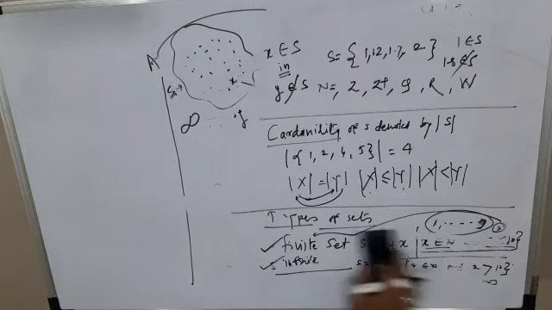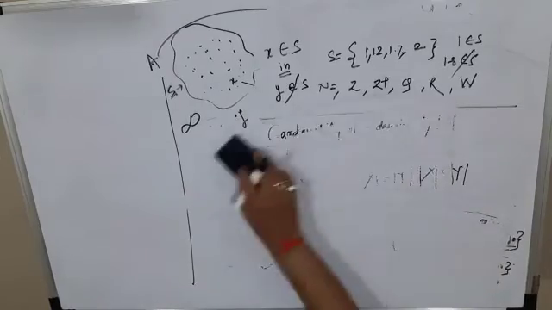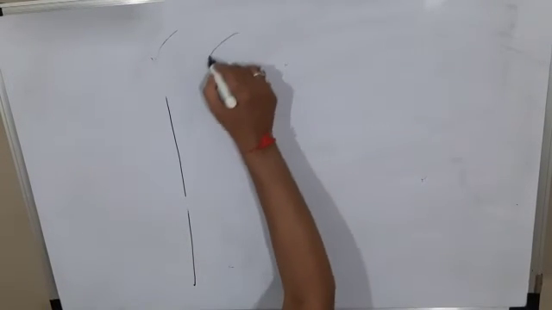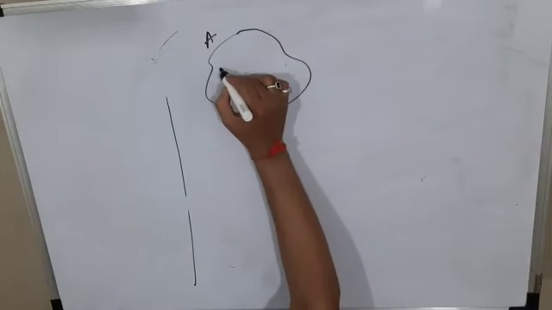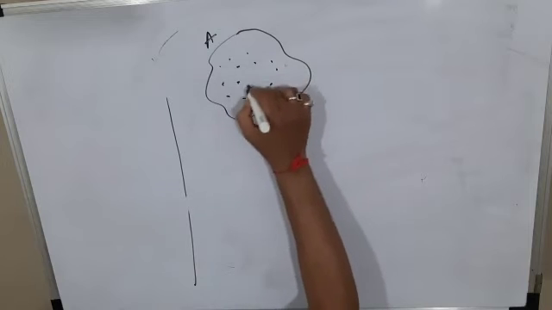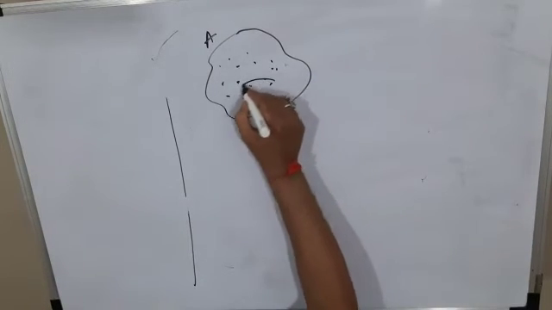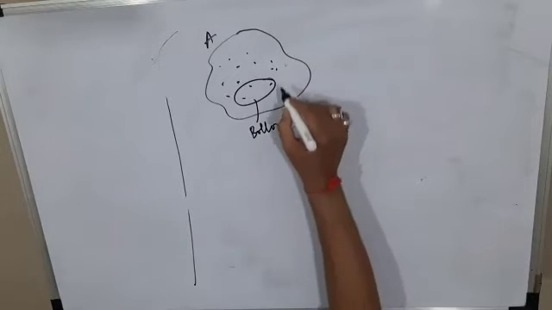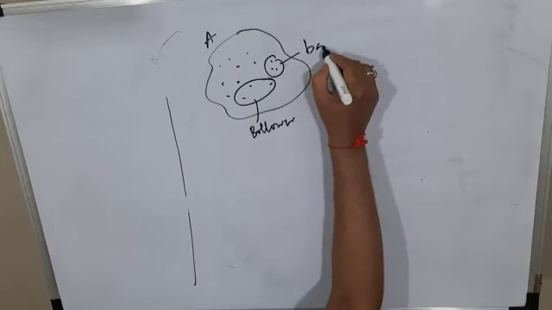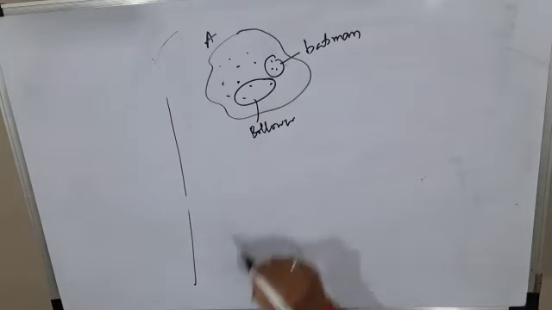Now let us see what a subset is, and the types of subsets also. Suppose I have a set A, a set of cricketers. These three elements are bowlers, and these three elements are batsmen.